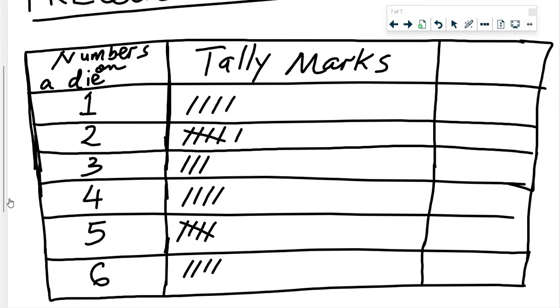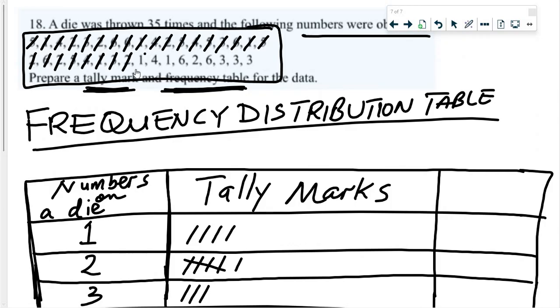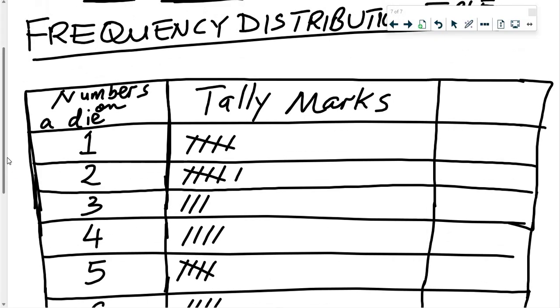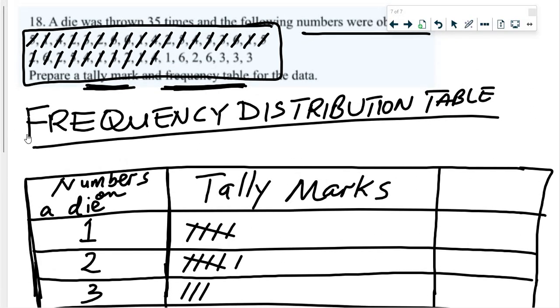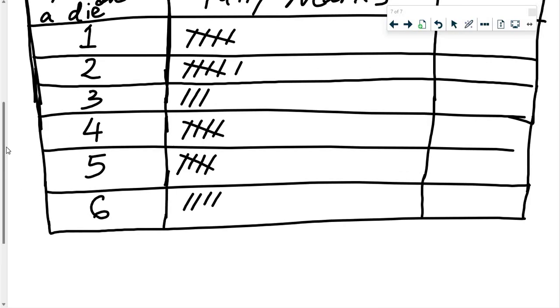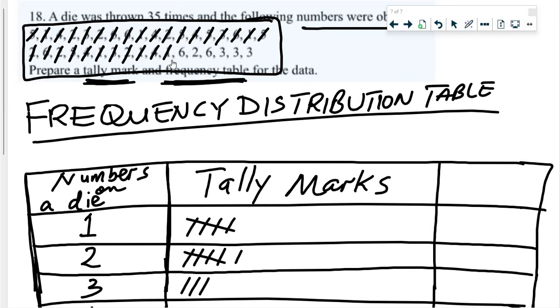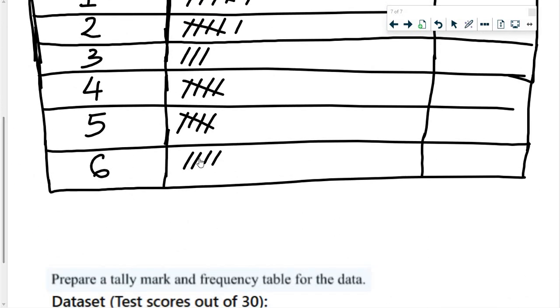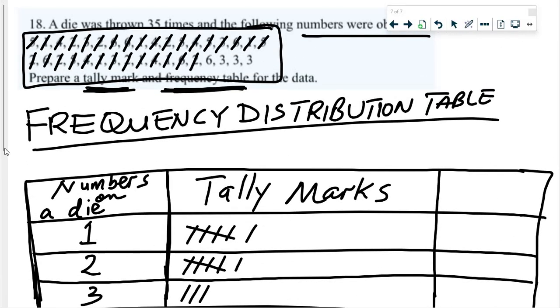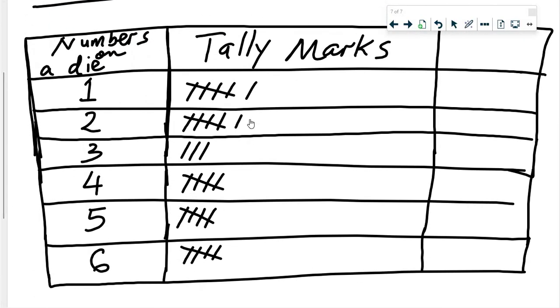Put it here. 1. Make a bundle of 5. That is 1. Then 4. Make a bundle of 5. Then you have 1. 6. Make a bundle of 5. 2. Record it there.